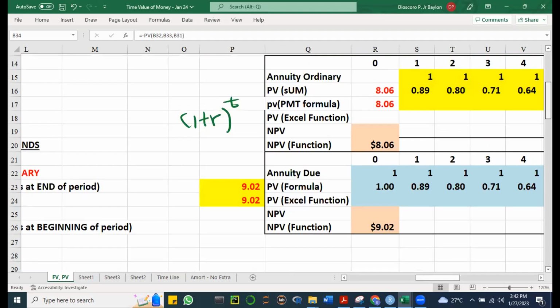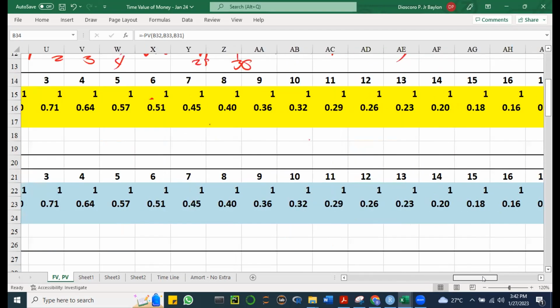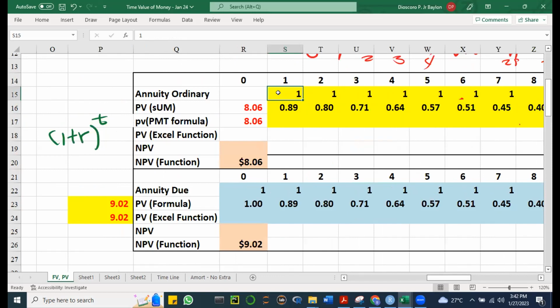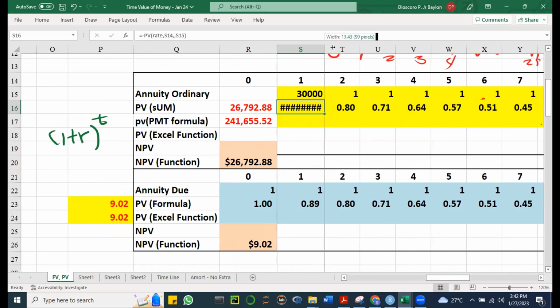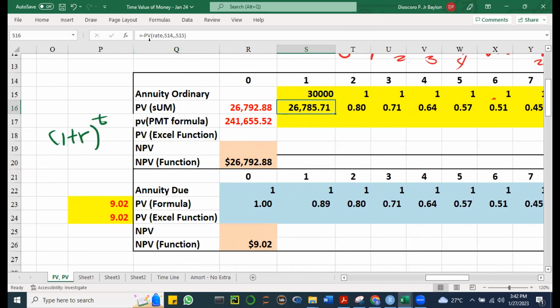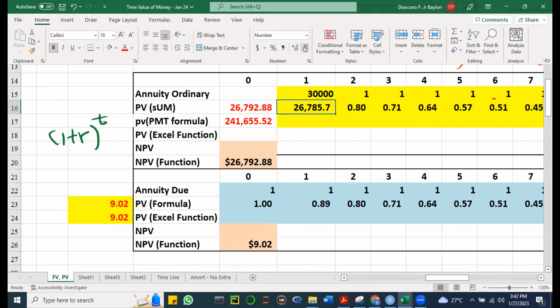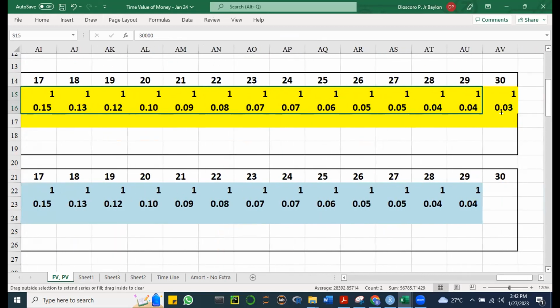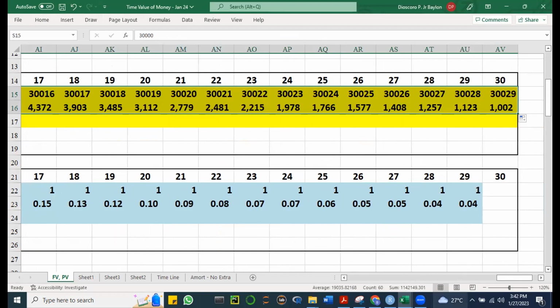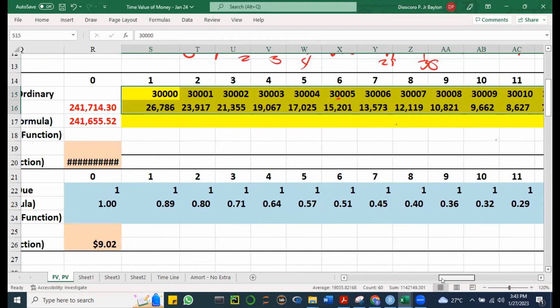If we go here, let me replace 90,000. I replaced 1 with 30,000. Let me remove the decimal places. I'll copy this here. Okay, so I changed everything. Oops. This is wrong.